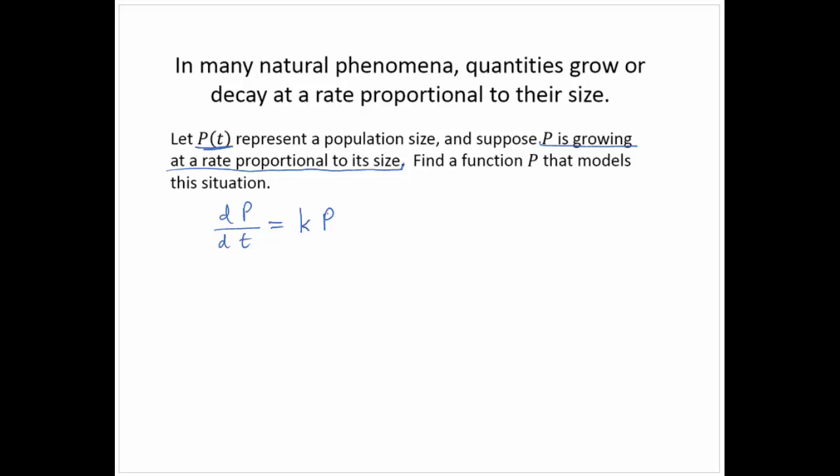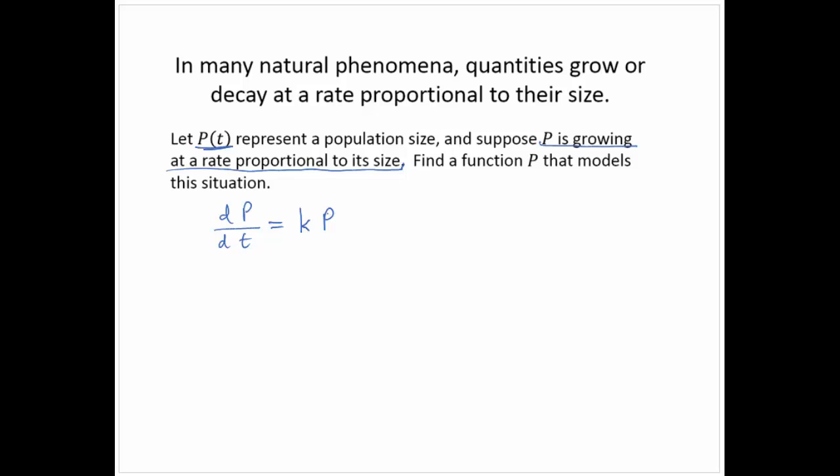And now we're going to solve this differential equation. It's called a differential equation because it's an equation involving a derivative. To solve this, we're going to use a technique called separation of variables. I'm going to get everything with P on one side of the equation and everything that isn't P on the other side.